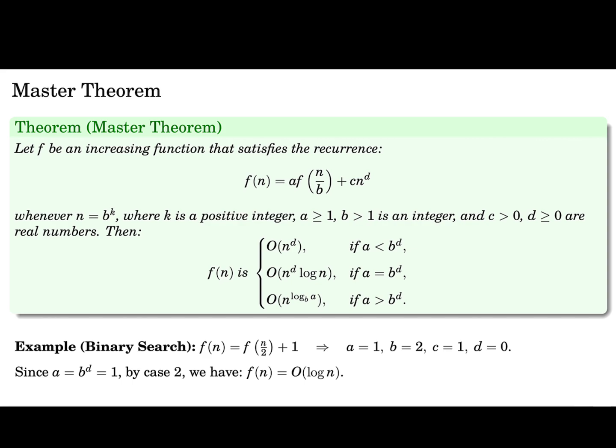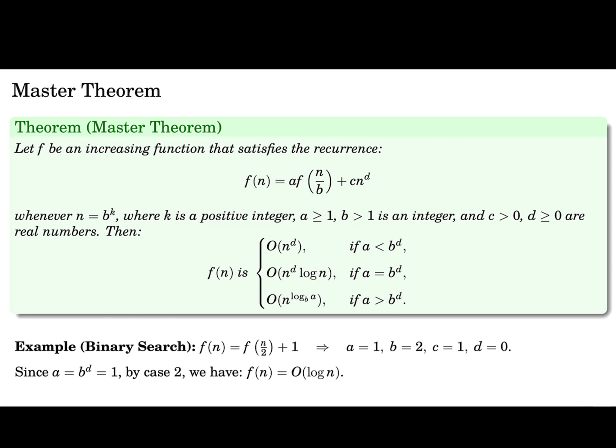And so there are three cases. When a is smaller than b to the power of d, then essentially the non-recursive part dominates and you get something of order n to the power of d. In the case where a and b to the power of d are equal, you get balanced work, so you get the n to the d cost, but with an extra log n.